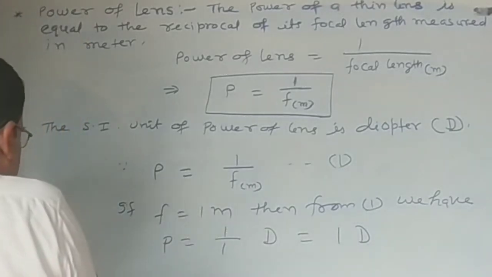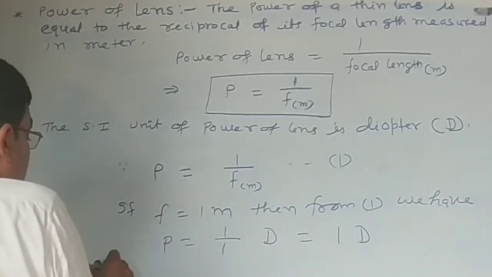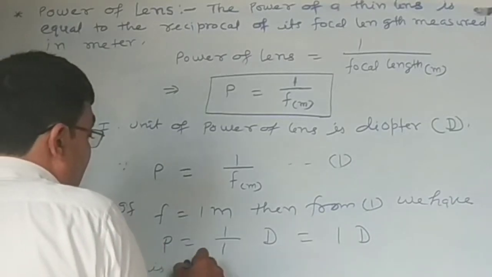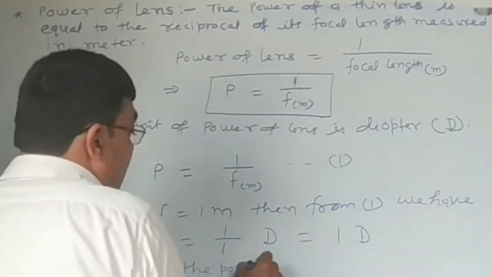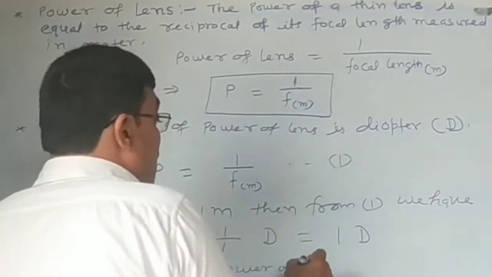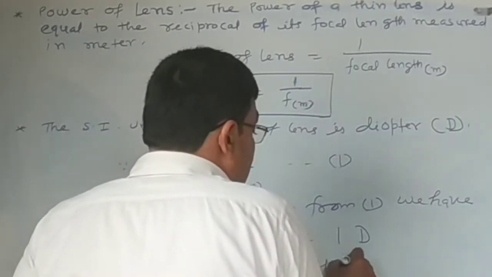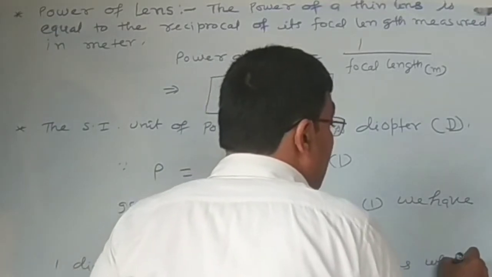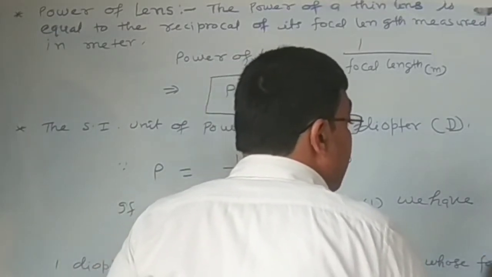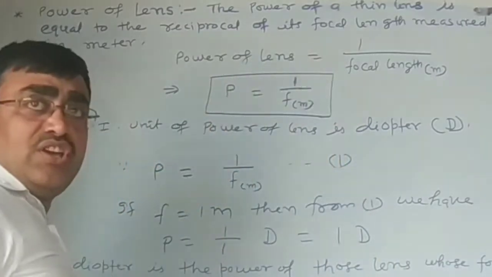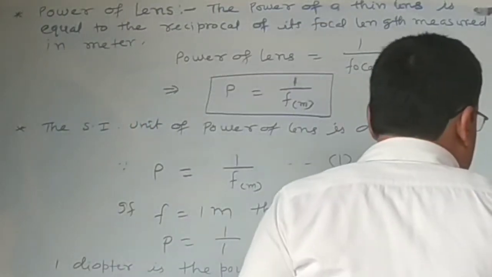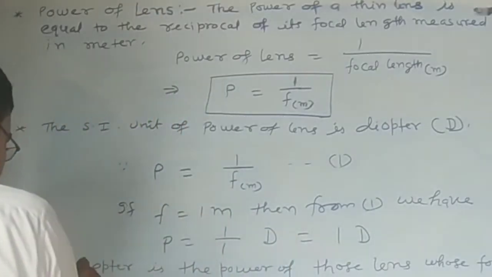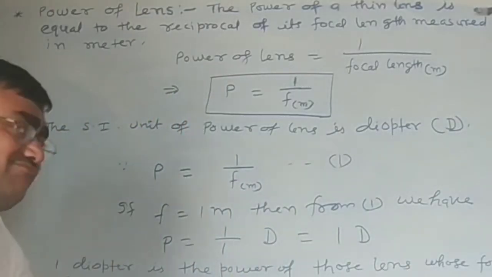1 diopter is the power of those lens whose focal length is 1 meter.